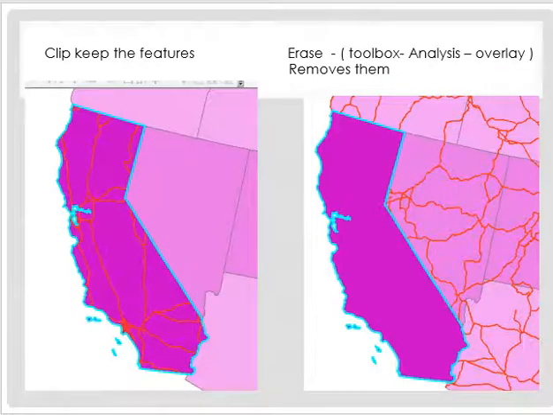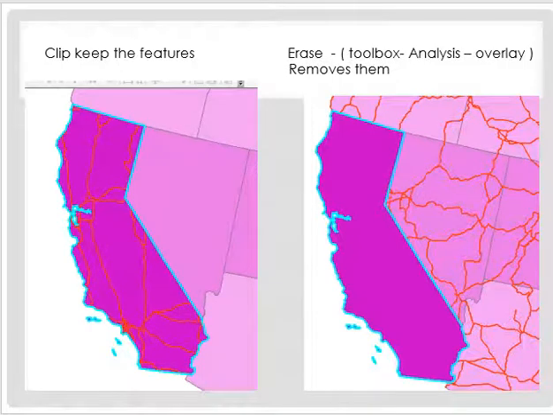Now, I did that again with the roads. I chose to clip the roads by my selected California, and this demonstrates the cookie cutter idea much more clearly. It just cut off those roads at the California border, and so I have these truncated road features. The erase is just the opposite.